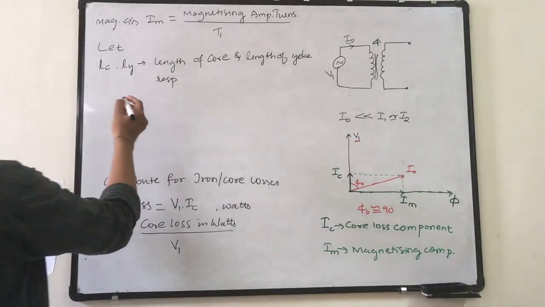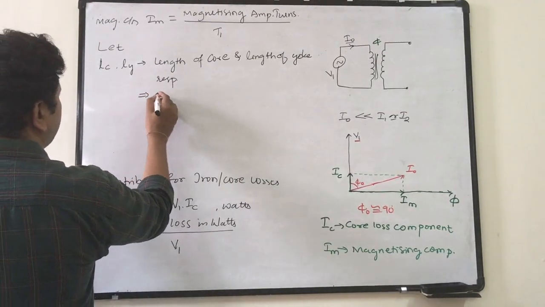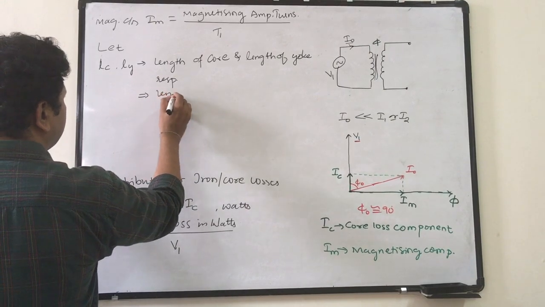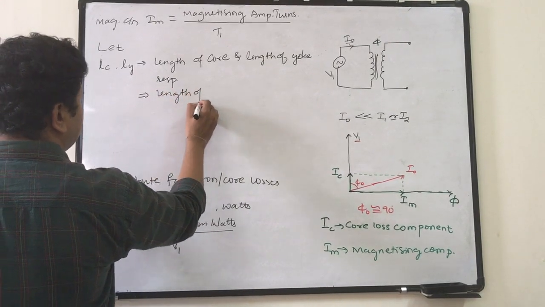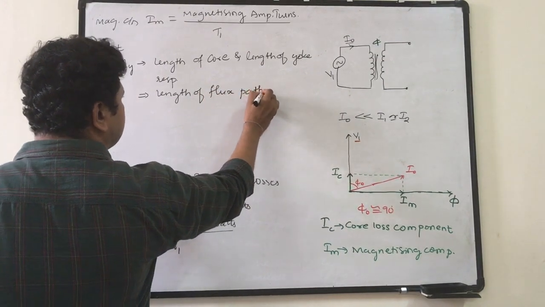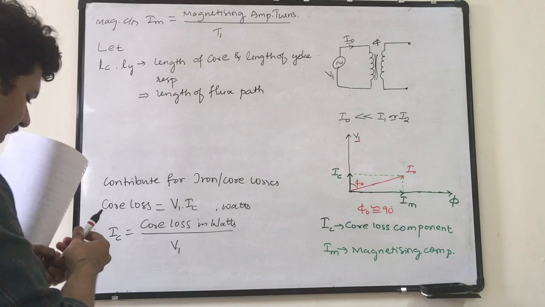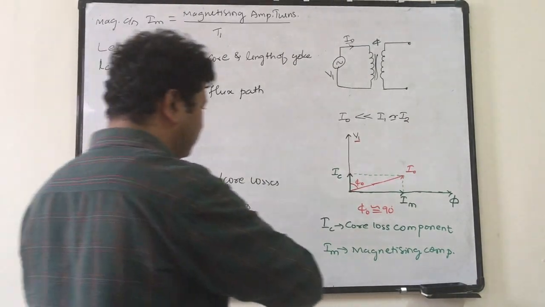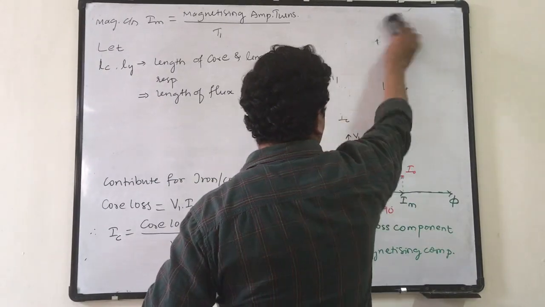So what does this imply? This will give the length of flux path. How will be the length of flux path?